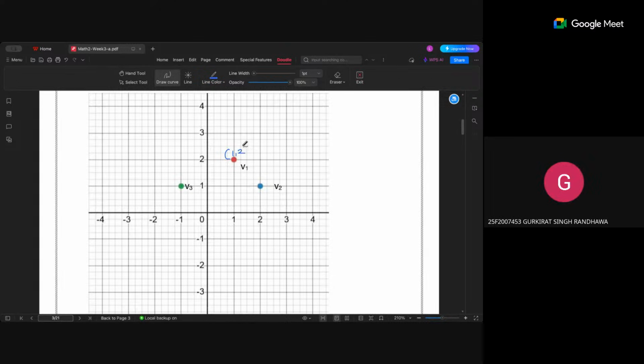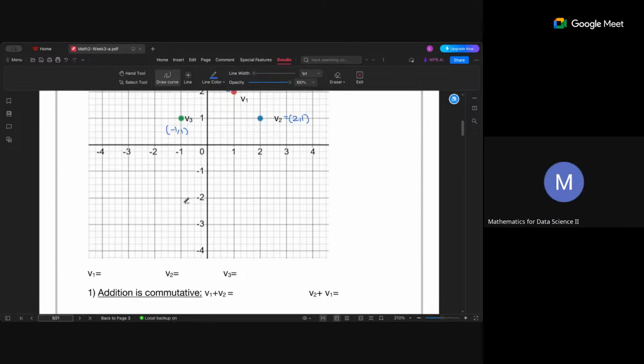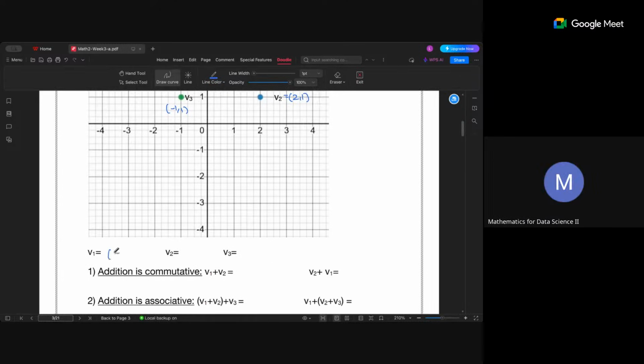Yeah, so V1 is 1 comma 2, V2 is 2 comma 1, and V3 is minus 1 comma 1.